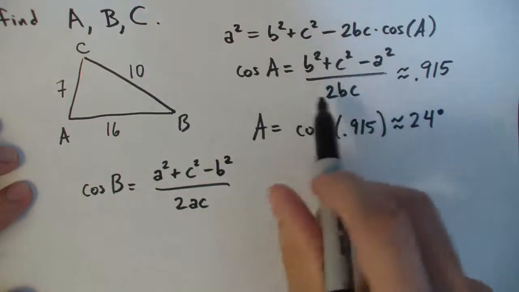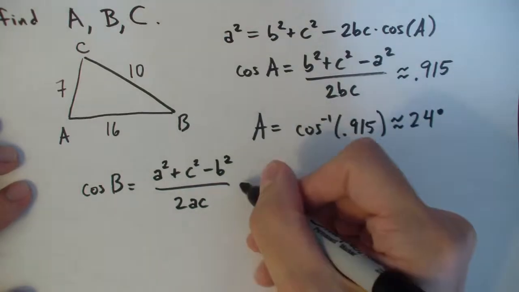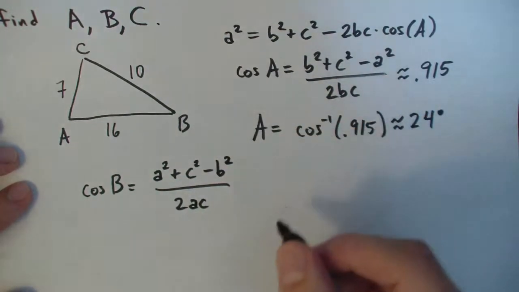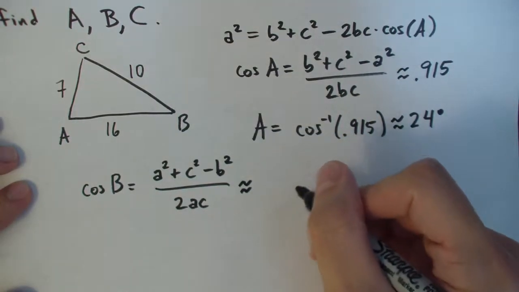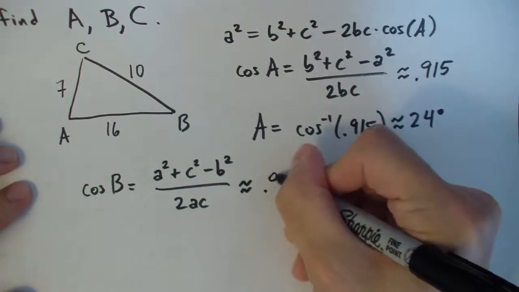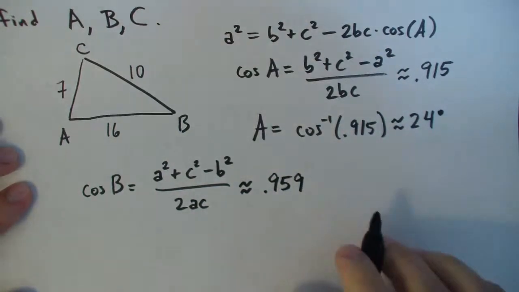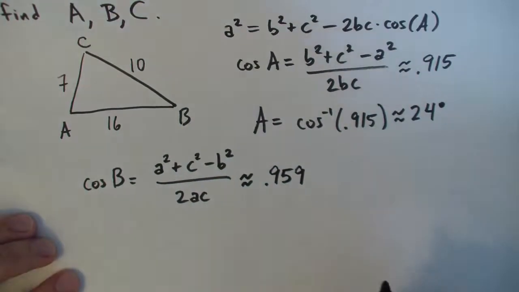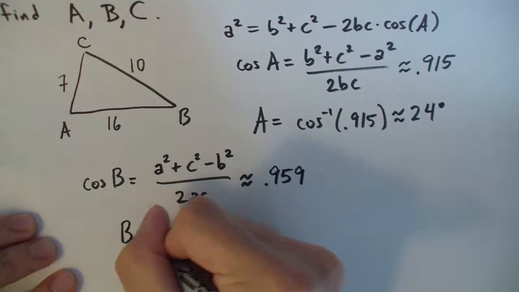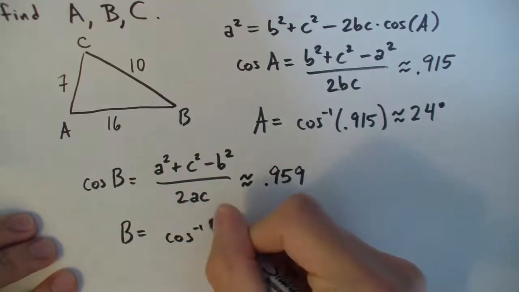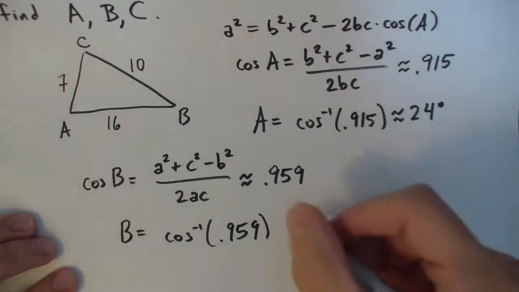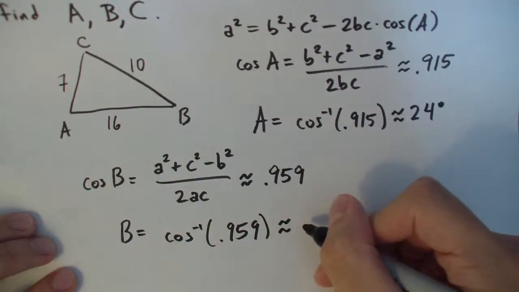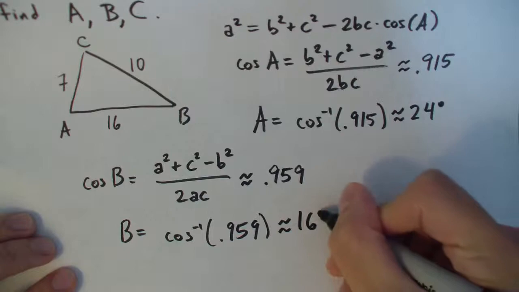That will be the same thing, just rearranging again. And what we find by plugging in the values that were given is that this is approximately 0.959. So taking the inverse cosine, what we find is that B is approximately 16 degrees.